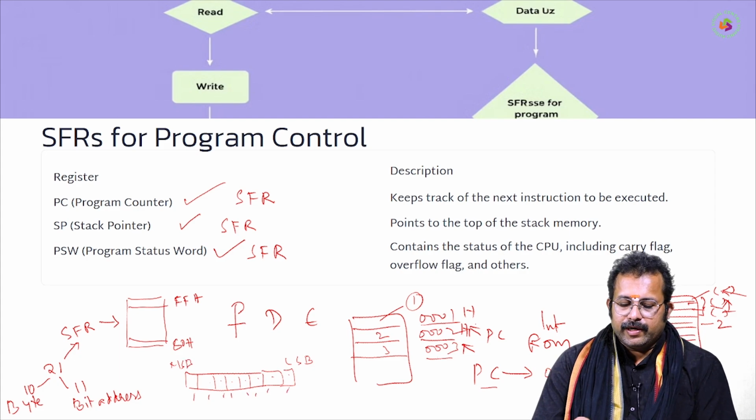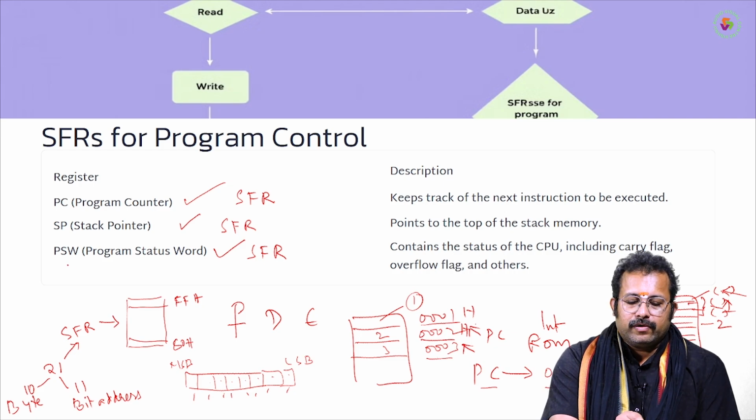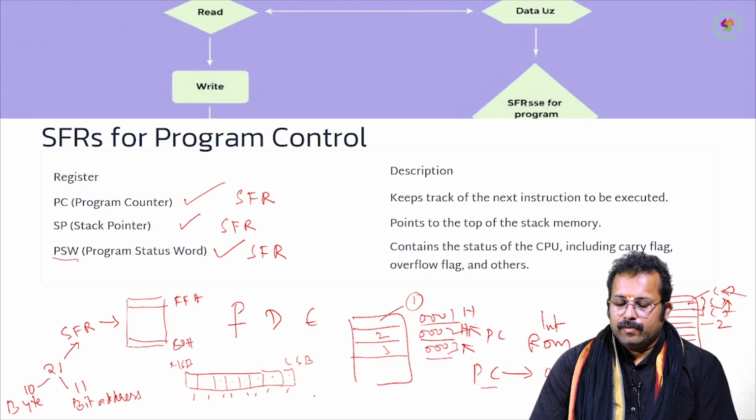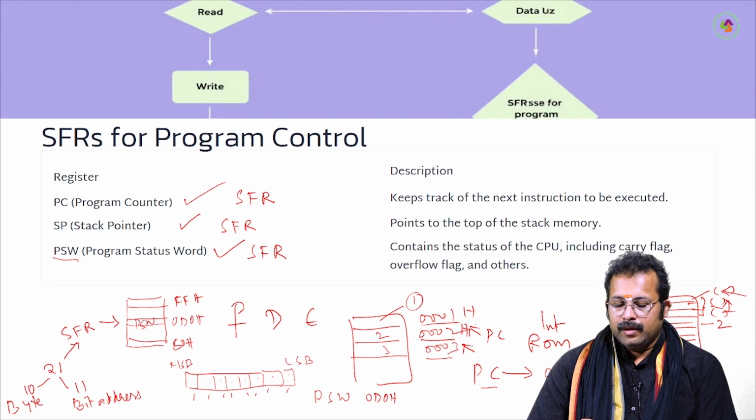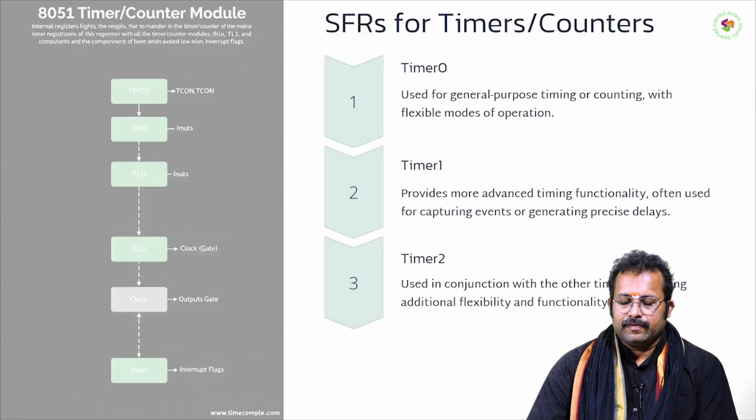For example, the program status word, the flag register of 8051, is at the address location 0D0H. In this PSW, each and every bit is addressable. So D0, D1, D2, D3, D4, D5, D6, D7.